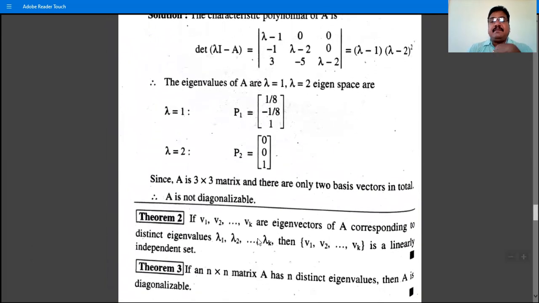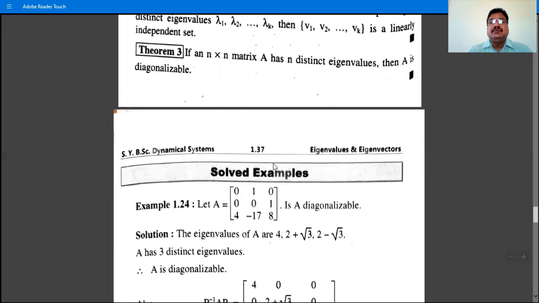That is, if A is of order 3 by 3, and if A has 3 distinct eigenvalues, then obviously A is diagonalizable. But if A has fewer than 3 distinct eigenvalues, that is two distinct eigenvalues or one distinct eigenvalue, then the matrix may or may not be diagonalizable. So this is a one-way statement. If A is of order n by n and A has n distinct eigenvalues, then A is diagonalizable.